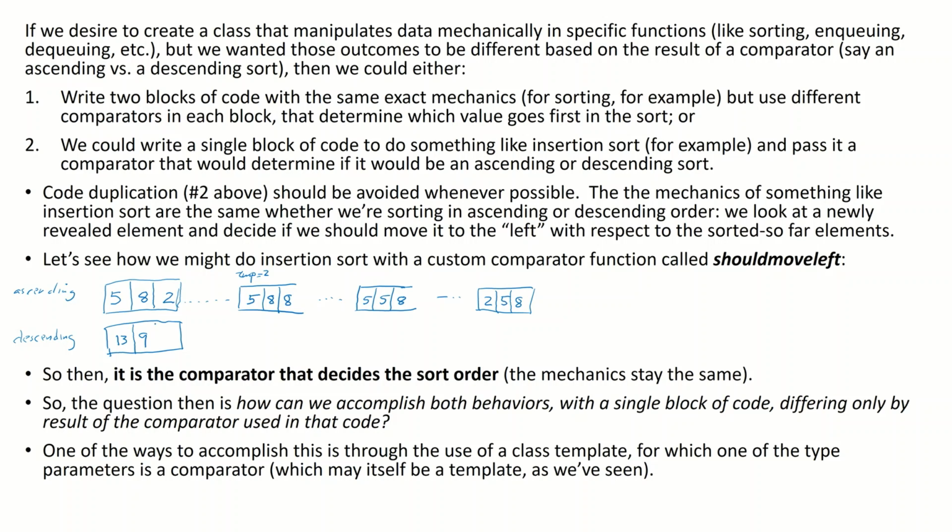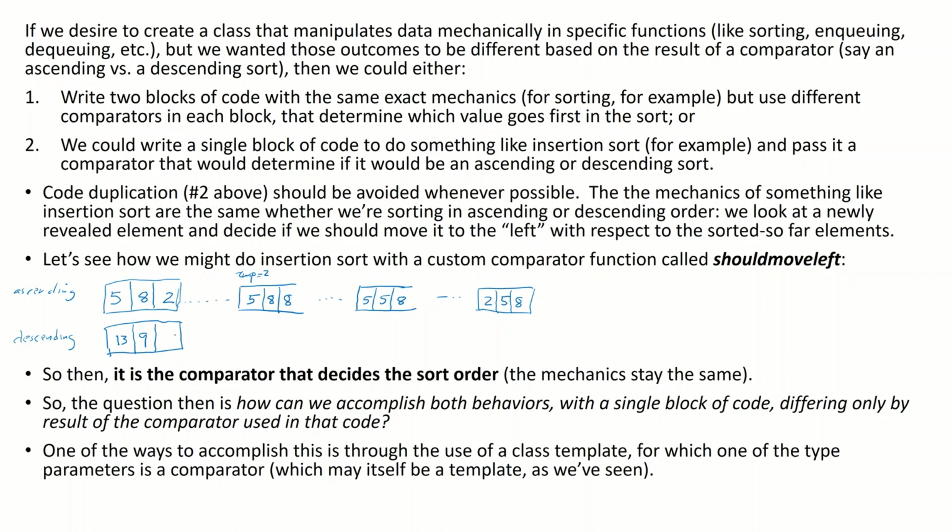And I ask myself, should I move the 9 to the left? For a custom comparison, that is for a descending sort, the answer to this is no, just as it was above. We answered no here. I shouldn't move the 8 to the left of the 5 because that was an ascending order sort. So in this case, it's a descending order sort. So I don't want to move the 9 before the 13.